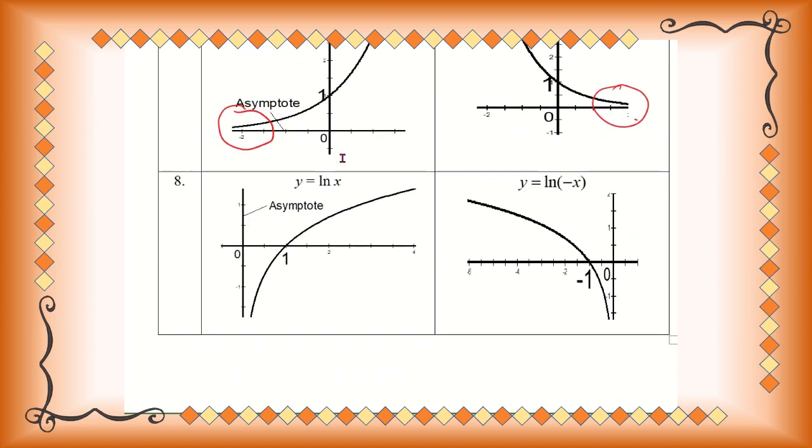Then the next one is the ln function. ln function is actually logarithm. So ln means logarithm with base e. You have learned logarithm before, but the logarithm that you learned before was base 10. So now we learn logarithm with base e, and we call it ln. Okay.